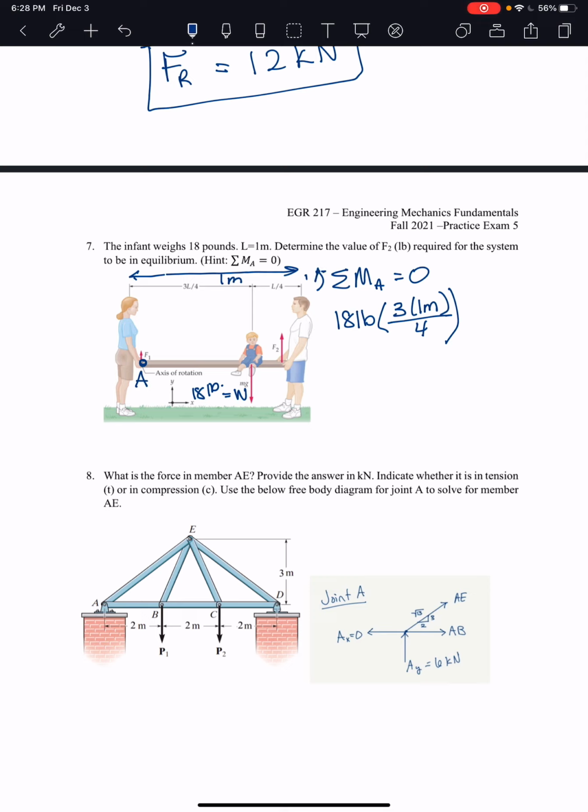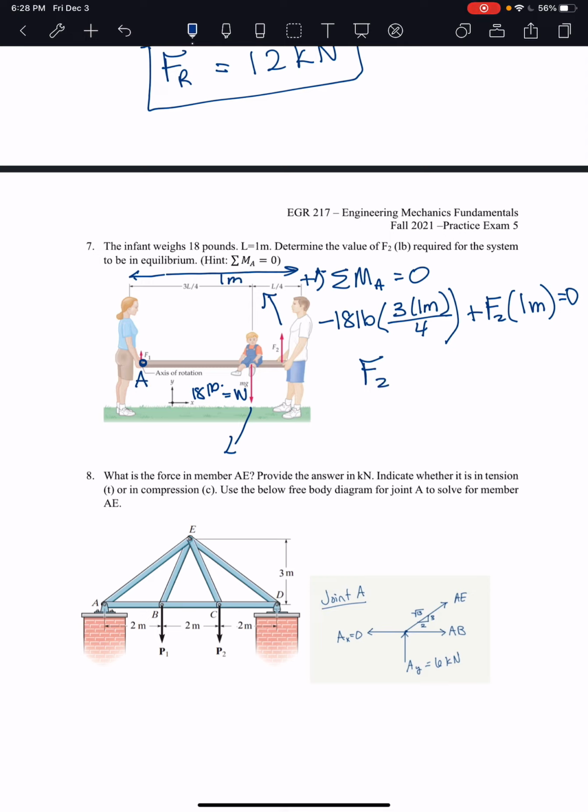And that'll be in the negative direction because it's going to be clockwise. You see it's pulling down in that direction. And then F2 is going to be in the positive direction because it'll take us in that direction around A. So plus F2, and then times that distance, which is that whole distance, which is just 1 meter, equals 0.